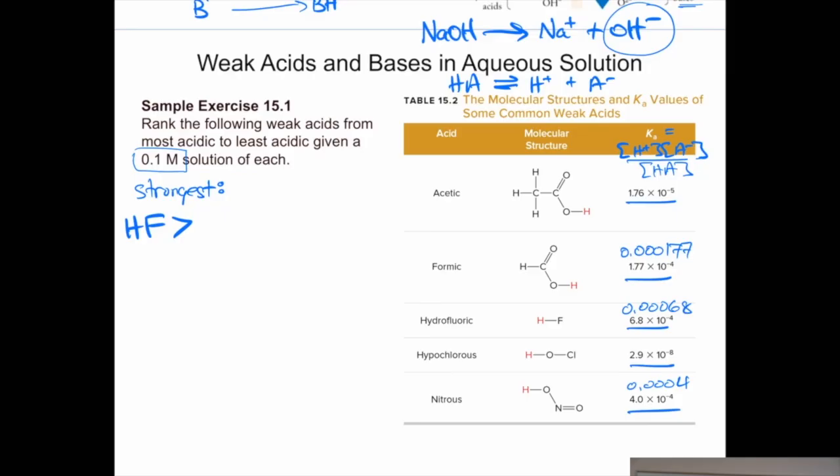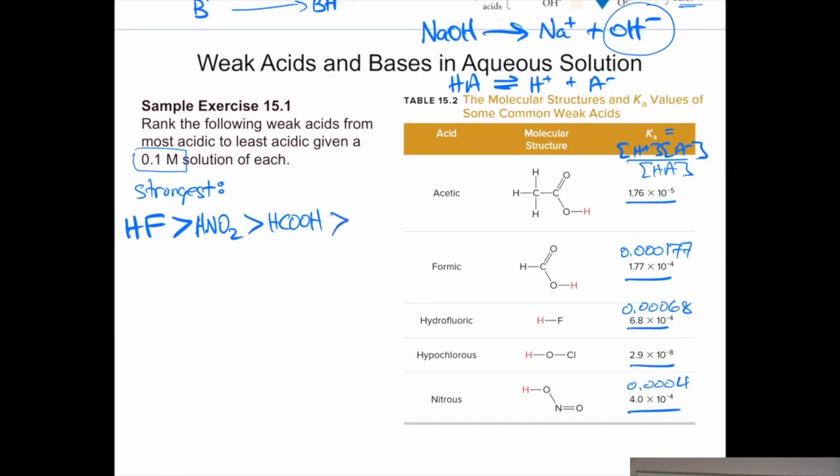And you can do this easily if you understand what K is and what it represents. So hydrofluoric followed by, what do you think is next here? Nitrous, so that's HNO2, followed by formic, which would be HCOOH, followed by what?